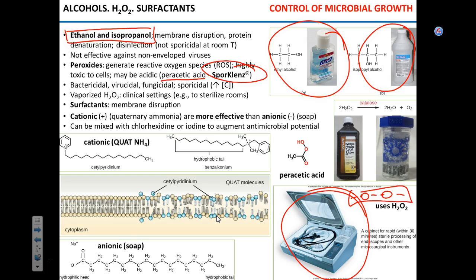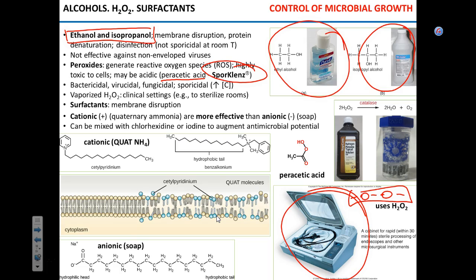You can put this generator in the room, and it will produce vaporized hydrogen peroxide. It can produce it for hours, filling up the room with hydrogen peroxide vapors. The only thing is you have to have ventilation, so it is sucked away, okay? And that essentially is sterilizing treatment for the rooms. It's used in surgical suites, in BSL rooms, and so on and so forth.